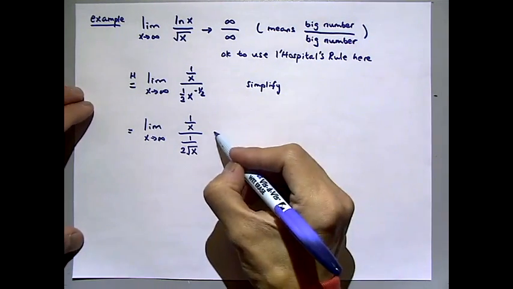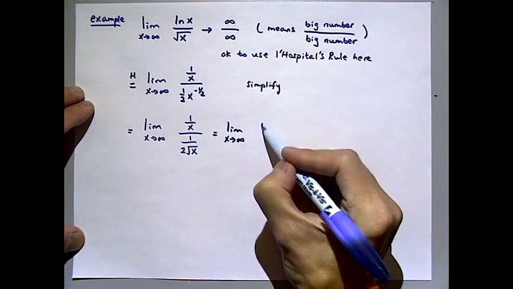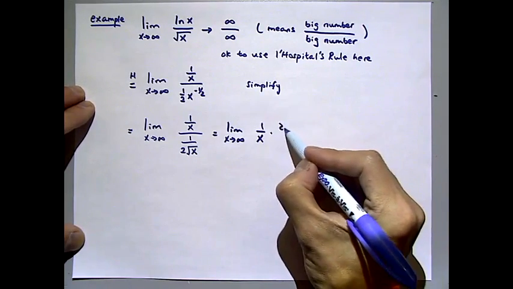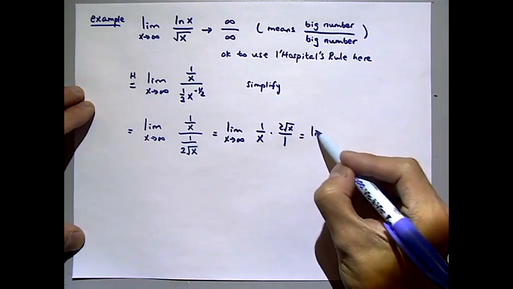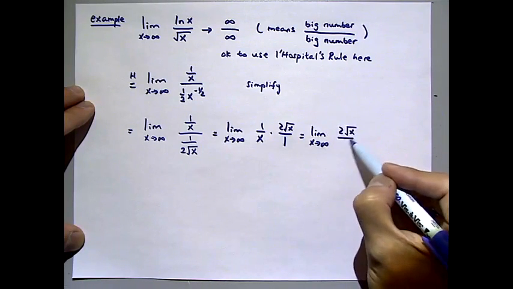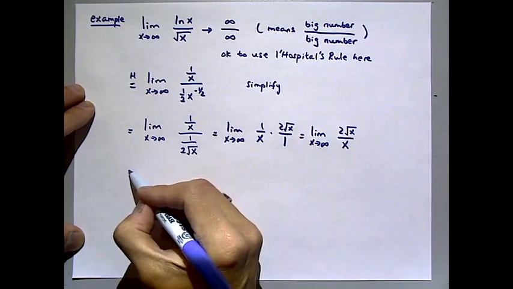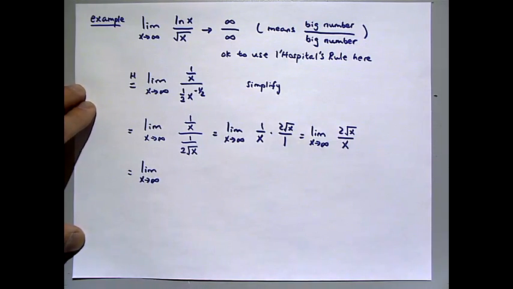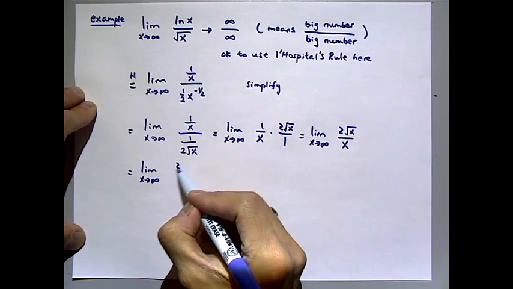We don't like complex fractions, but we know this is equivalent to 1 over x times the reciprocal of what's downstairs, which then becomes 2 radical x over x. Continue simplifying. I can cancel a radical x with one of these x's here, and that gives me a radical x downstairs.